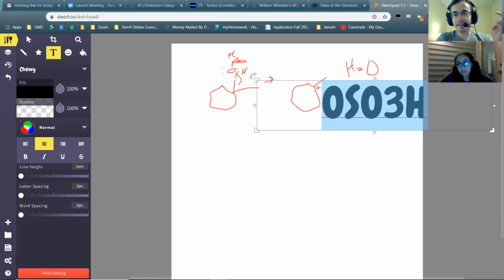Therefore, you're going to see this with sulfuric acid, and you're going to see this with phosphoric acid, which is H3PO4.